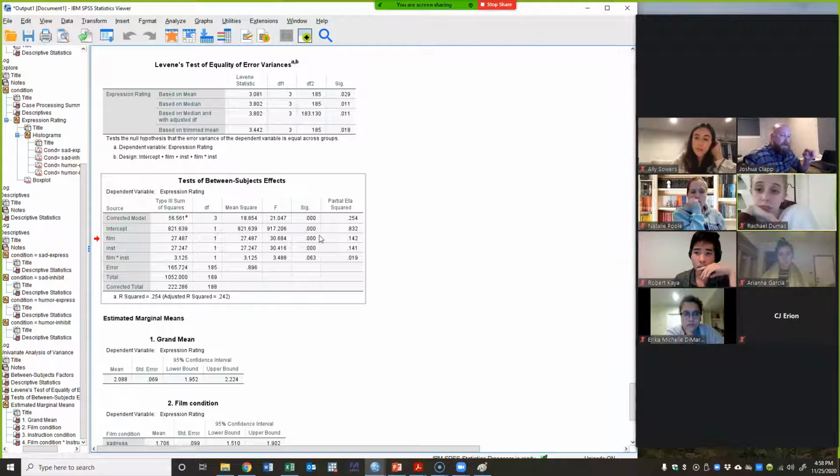Anybody remember the relationship between F and t? Remember that an F-test with 1 degree of freedom in the numerator collapses into a t-test. If I take the square root, someone have a calculator? Someone take the square root of 30.684.